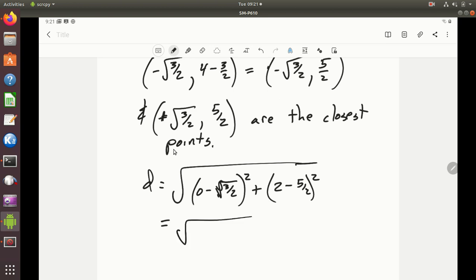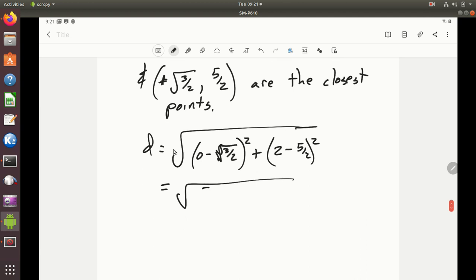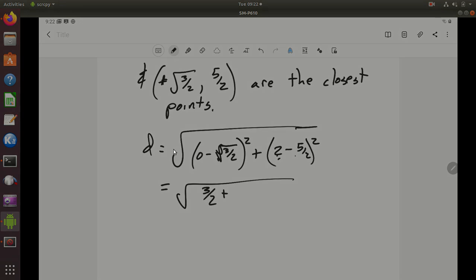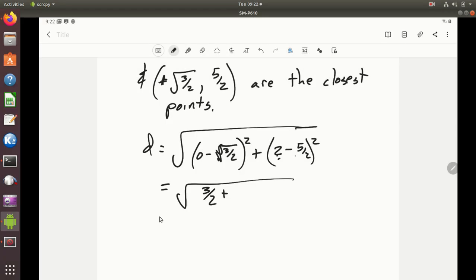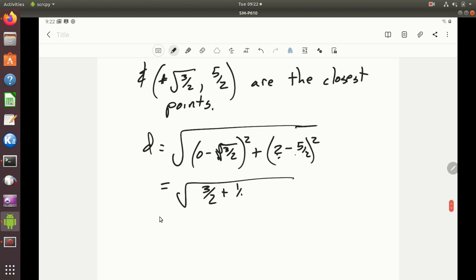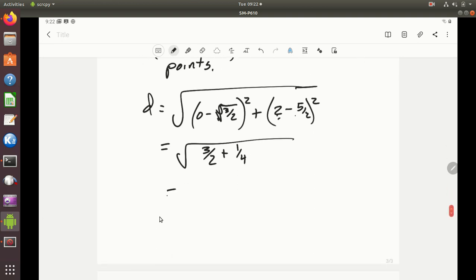So that's equal to the square root of, I get 3 halves plus, what is that? 2 minus 5 halves is minus 1 half, squared, so plus 1/4. So this is the square root of 7/4, or the square root of 7 over 2 is the distance.